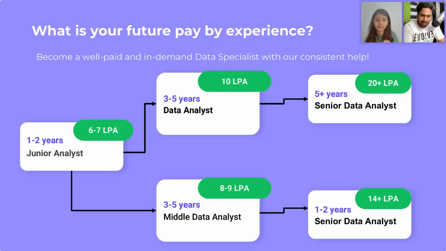One thing to note is that I have seen a lot of people who bag even much higher offers than these, even at the start of their career as a fresher. So how you went in the interview, how well you were able to prove your skills to the interviewer, is a very important deciding factor on your pay range. But overall, these numbers are kind of very subtle in terms of what we can expect at different hierarchies of the data analyst role.